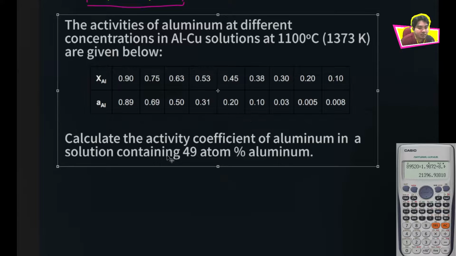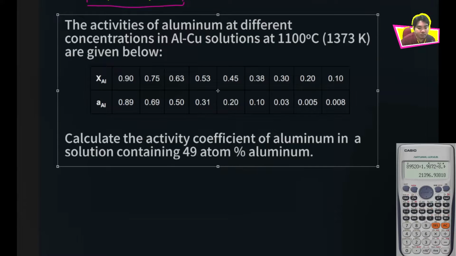So ito siya. This is molar fraction. This is activity. Then we are to calculate the activity coefficient of aluminum in a solution containing 49 atom percentage of aluminum.